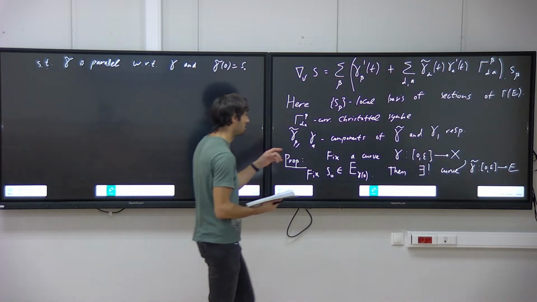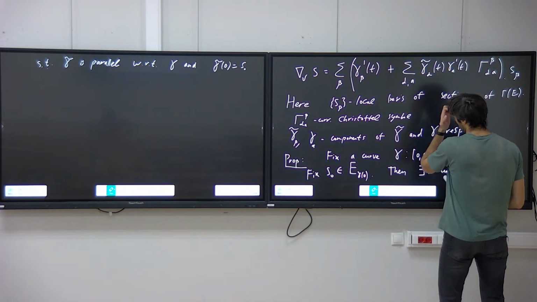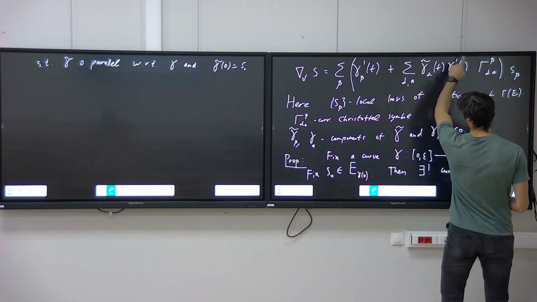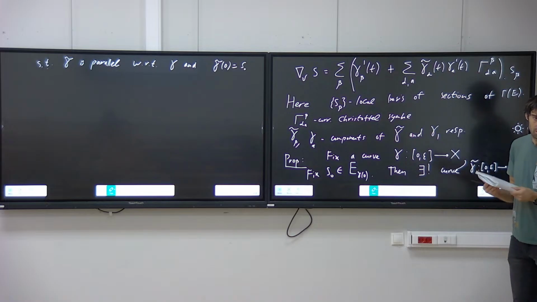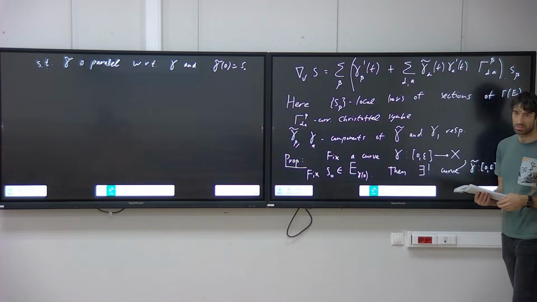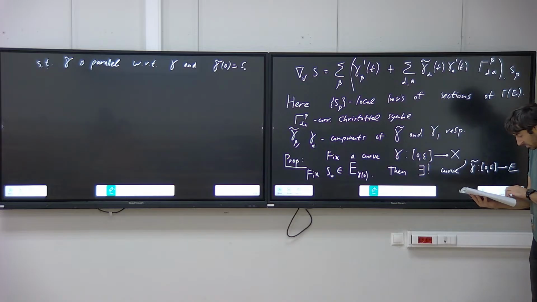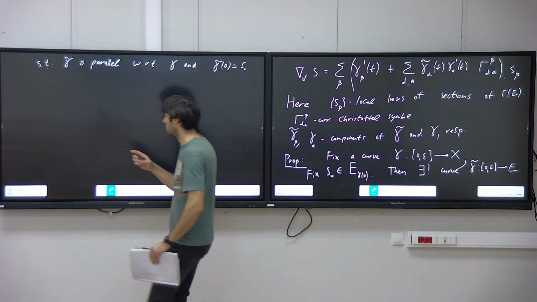Basically, parallel means that you have an ODE, which is given by this thing going to 0, right? With some initial conditions which are given by this v0. So that's what's going on. But still, I need to state this to make sense of the following definition.